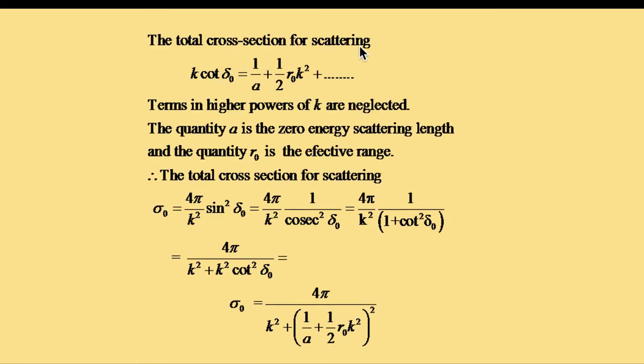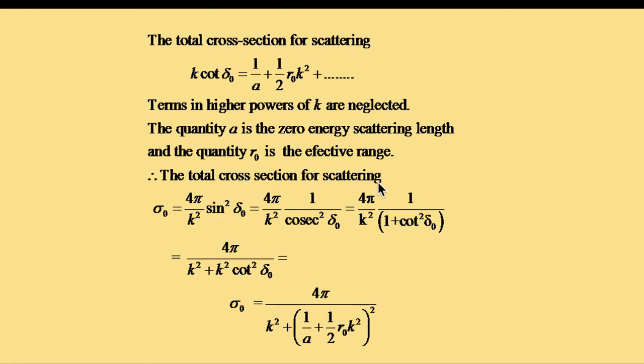We have the equation k cot delta 0 equal to 1 by a plus 1 by 2 r0 k square plus etc. This is an assumed equation, and terms in higher powers of k are neglected, so we take only these two. The quantity A is the zero energy scattering length, and R0 is our new quantity known as the effective range.